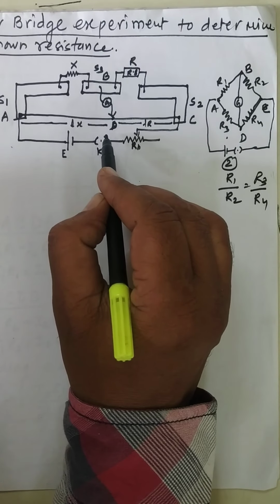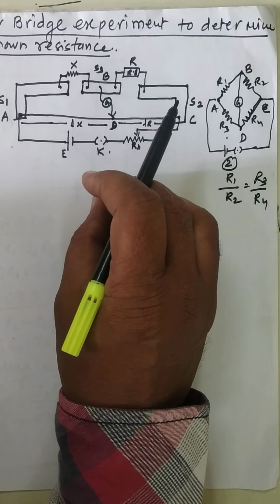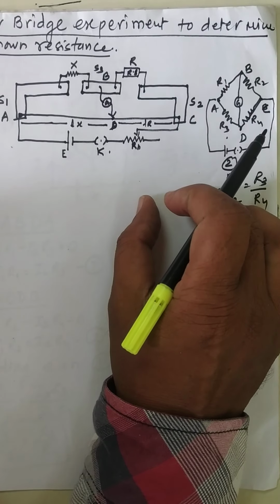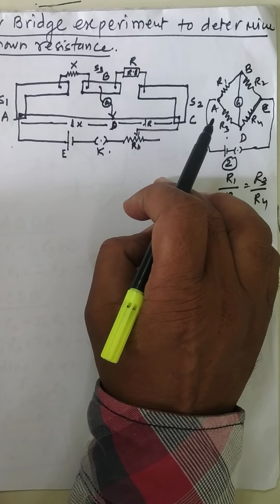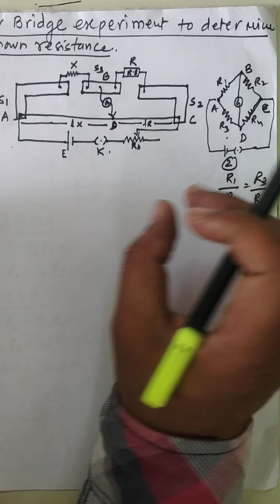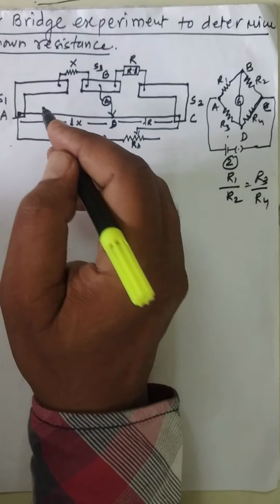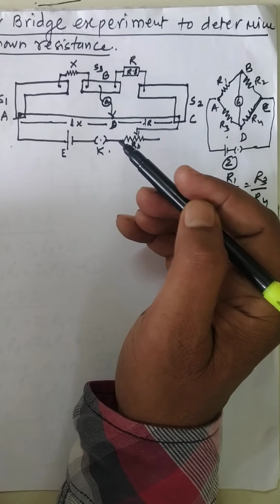It should not be slided, because when you slide the jockey over the wire, the area of cross section may decrease, due to which the resistance of the 1 meter long uniform wire may not be uniform. So that's why here we have to tap the jockey. Tapping means like keep putting like this, not sliding.